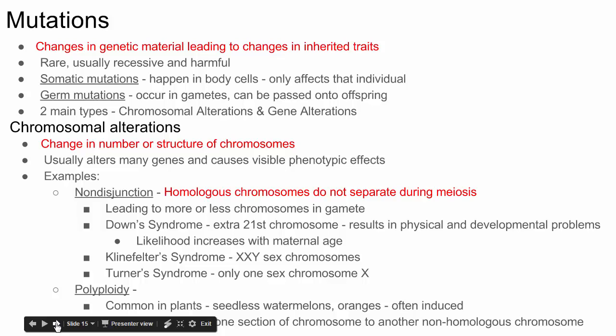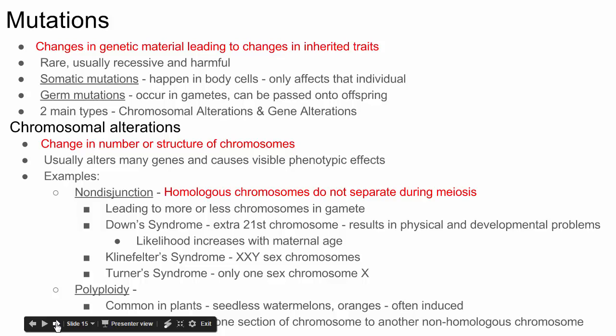And having this extra chromosome produces extra proteins in all of the cells of that person, and it leads to a whole host of effects that we typically think of as Down syndrome. Physical effects, delays in development. Okay. So the likelihood of non-disjunction taking place does change with the age of especially the mother, but also with the father.